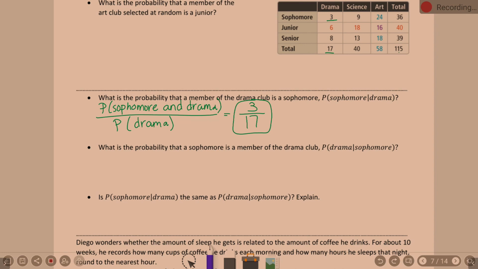What are we doing on top? The probability of what? Probability of both. So probability of being in drama and a sophomore. How many is that? 3. What's going on bottom this time? Probability they are a sophomore.